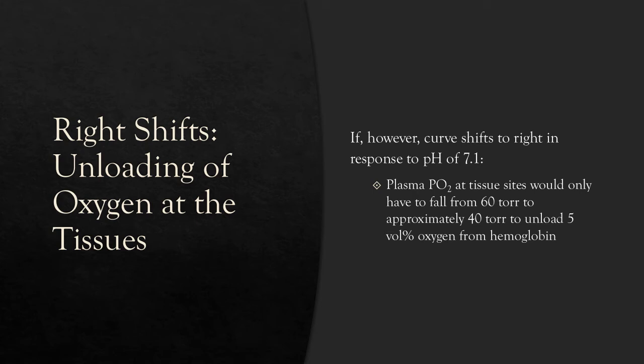However, if the curve shifts to the right, again in response to an acidotic pH, plasma PO2 at the tissues would only have to fall from 60 torr to about 40 torr to unload that 5% of oxygen from the hemoglobin due to the right shift.